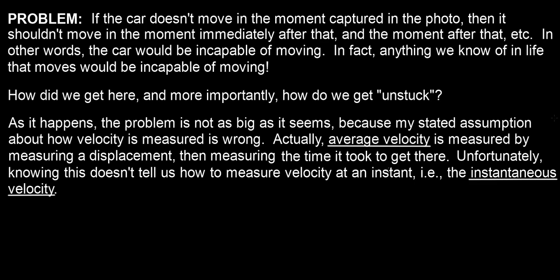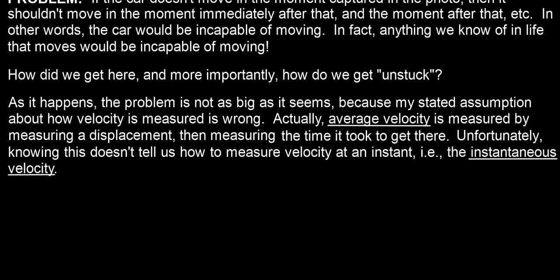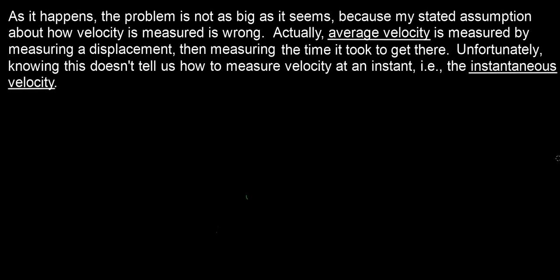Well, here's the thing: the key is the fact that I was a little deceptive in the logic that I used. The problem's not as big as it seems because my assumption about how velocity is measured is wrong. What I actually described is something called average velocity. Average velocity is measured by taking a displacement or a change in position and then dividing by the time it takes to get there. Right?